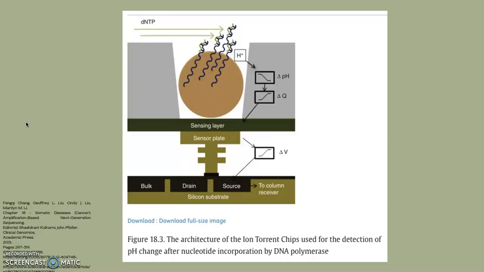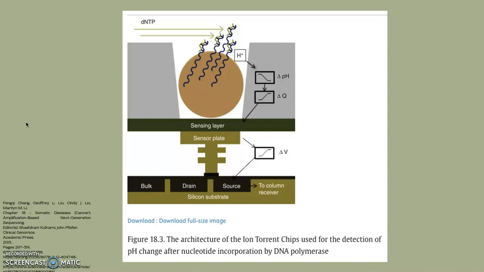This illustration shows how the ion torrent works with the plate. The dNTP first washes over the microwell containing the bead. Let's say this bead has guanine attached to it. If the dNTP happened to be dGTP, then that would be a match to the bead in the well.